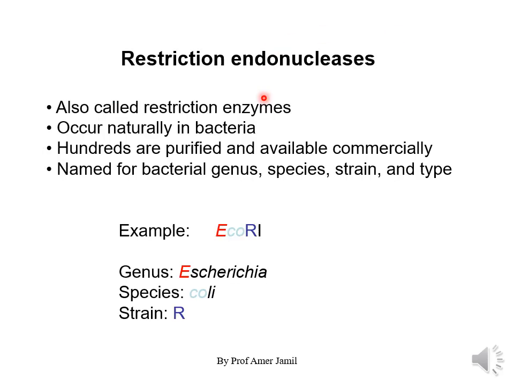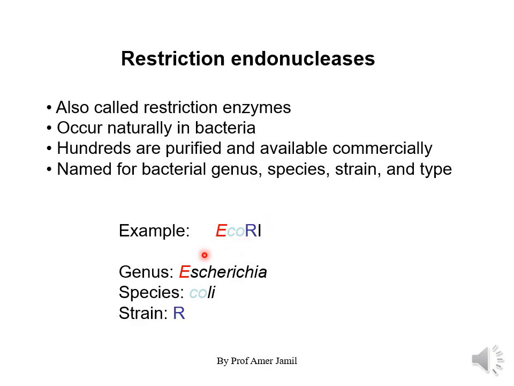Now, starting with the most important enzymes, the restriction endonucleases. These are mainly present in bacterial cells for their own defense system, and hundreds have been purified and are now available commercially, and many are in fact recombinant enzymes available in the market.